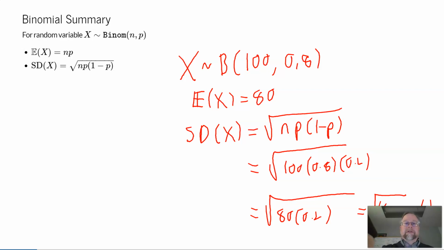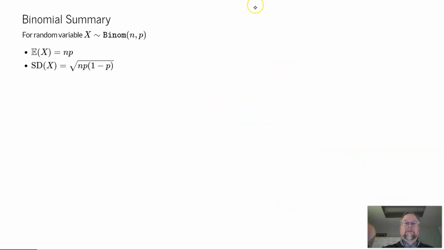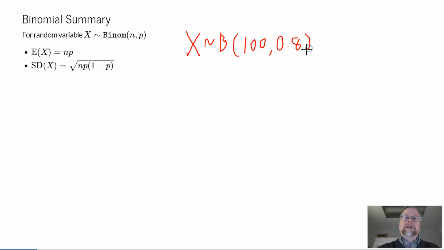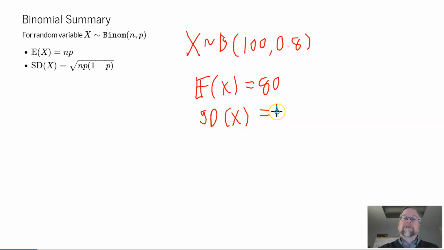Let me erase that. So to recap, if X is binomial 100, 0.8, the expected value of X is 80, and the standard deviation of X is 4.